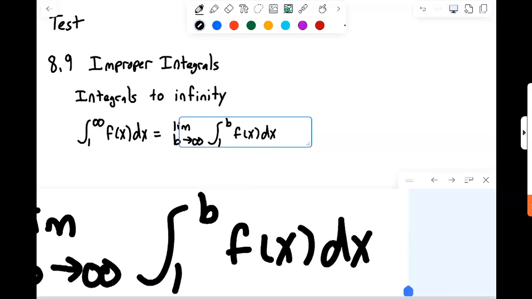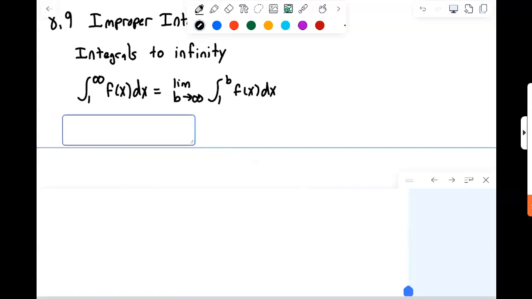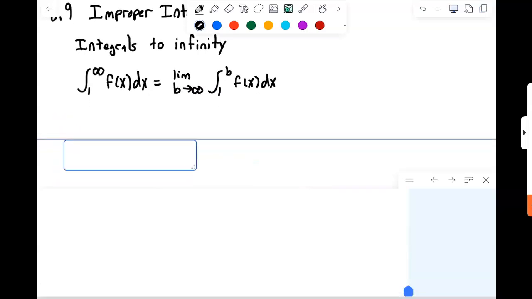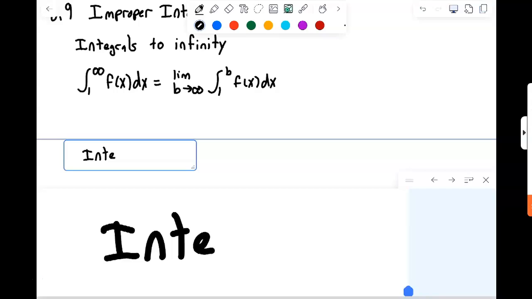So that one should be the more familiar because we've just been doing that as we're using the integral test to test convergence of series. And then the other group were integrals at a vertical asymptote.